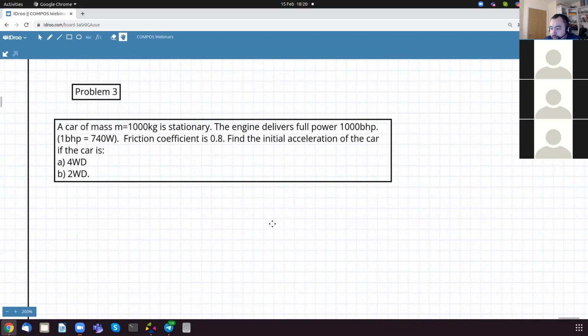There's more friction. By more friction, you mean more grip. True. Yeah, absolutely. But how do we calculate that? What formulas do we use?